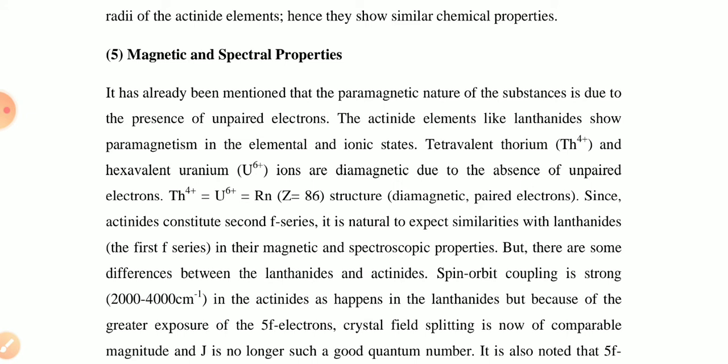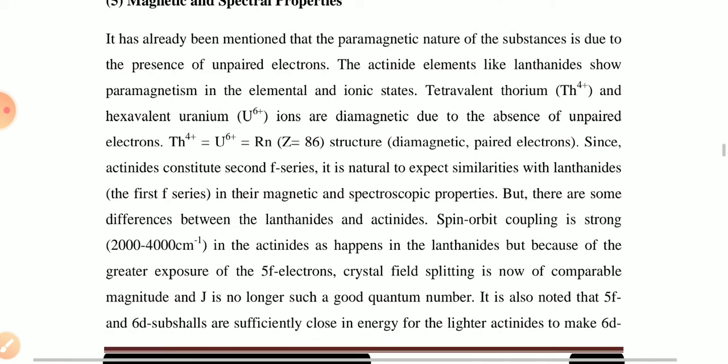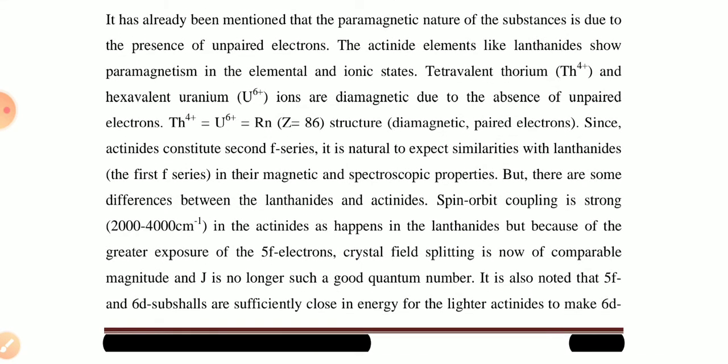The magnetic and spectral properties of actinides: thorium and uranium ions are diamagnetic due to the absence of unpaired electrons, so Th4+ and U6+ have the radon configuration, with atomic number 86. These are diamagnetic in nature, and they show strong absorption between 2000 and 4000 cm^-1.